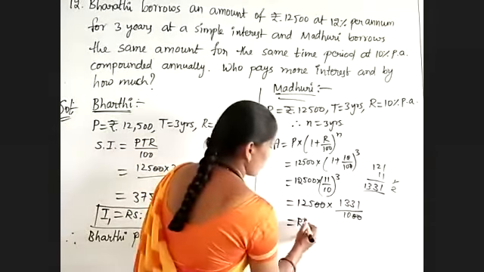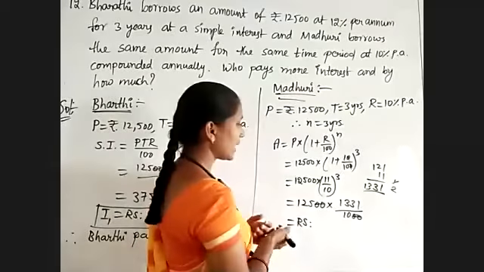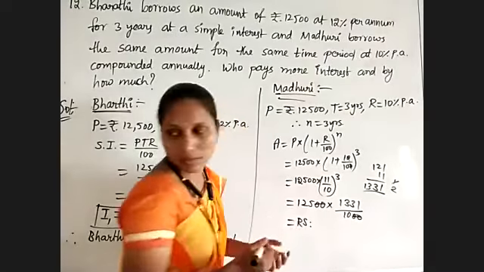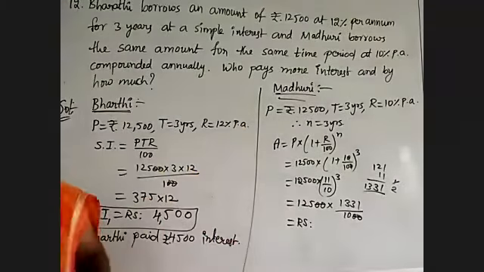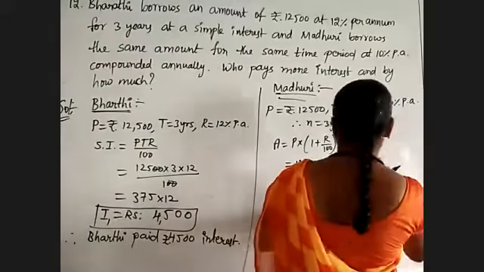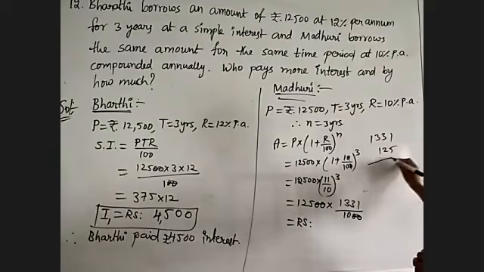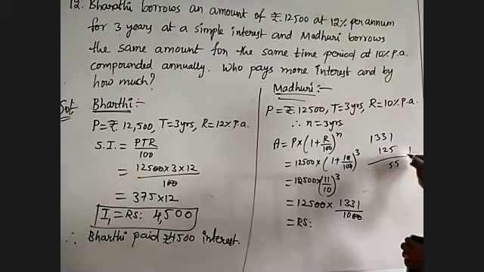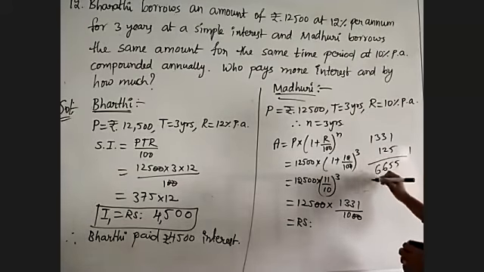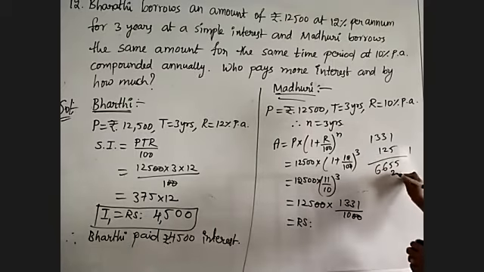Now find out the product of those two values, 1,331 and 125. 5 ones are 5, 5 threes are 15, 5 threes are 15 plus 1 is 16, 5 ones are 5 plus 1 is 6. 2 ones are 2, 2 threes are 6.